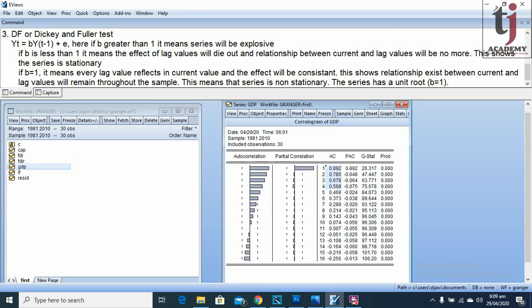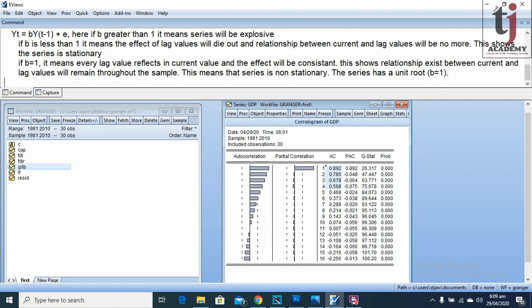That's why when we test the stationary properties of any series, the test is called the unit root test.